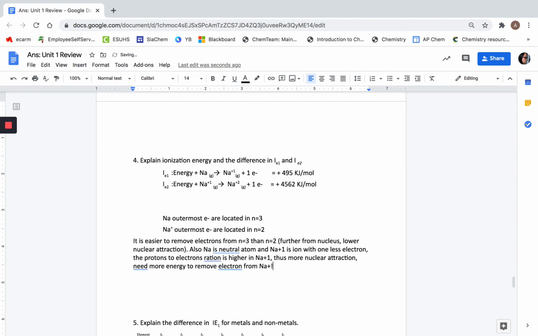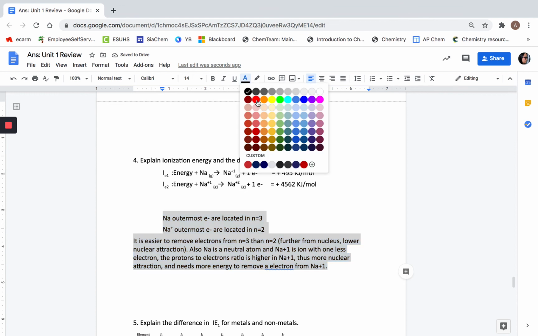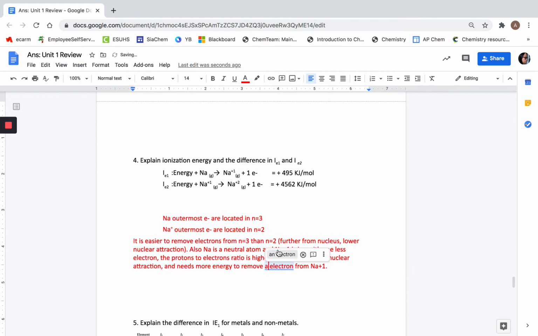Again, you can fix spelling errors like these. Again, that should be an electron.